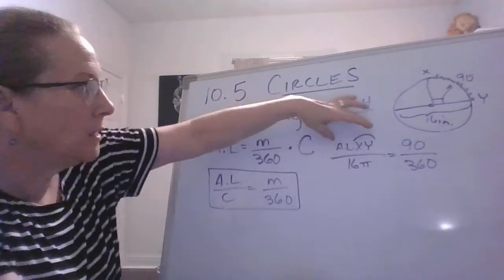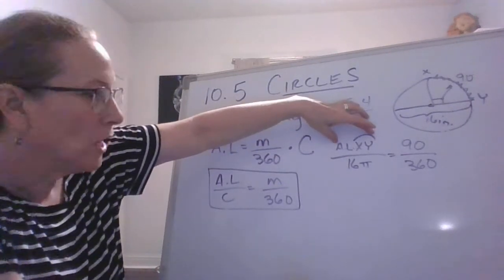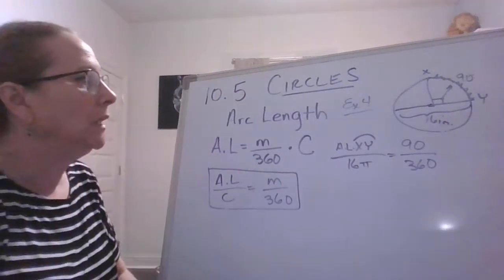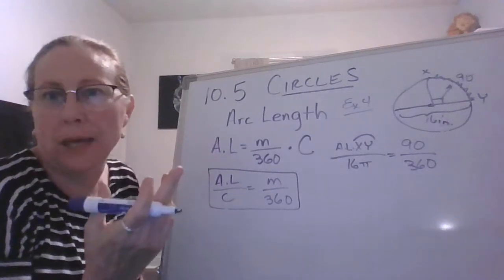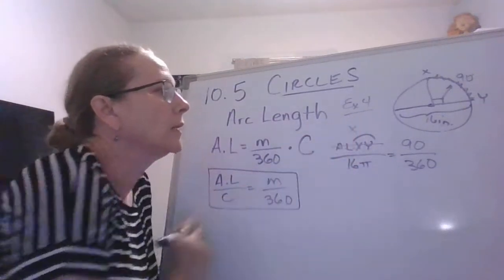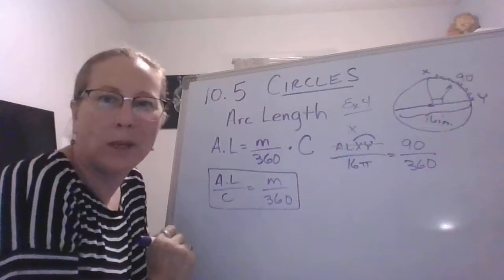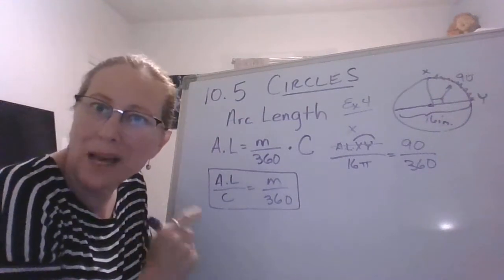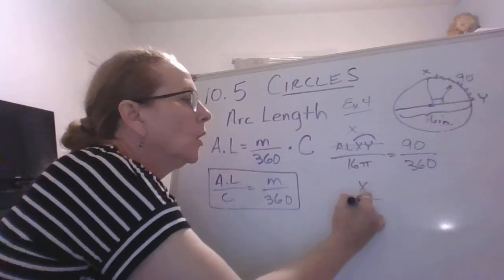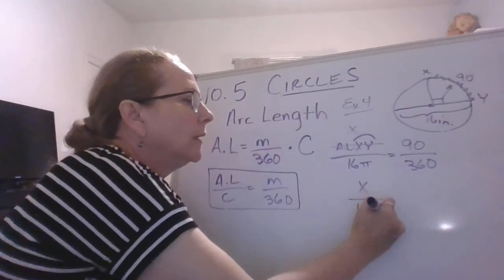Well, this makes it look a little more complicated. So what we can do is just put in an x value for a moment. Let's say we're looking for x. It still doesn't look right because there's a pi there. Well, think about this. This is x over 16 pi.